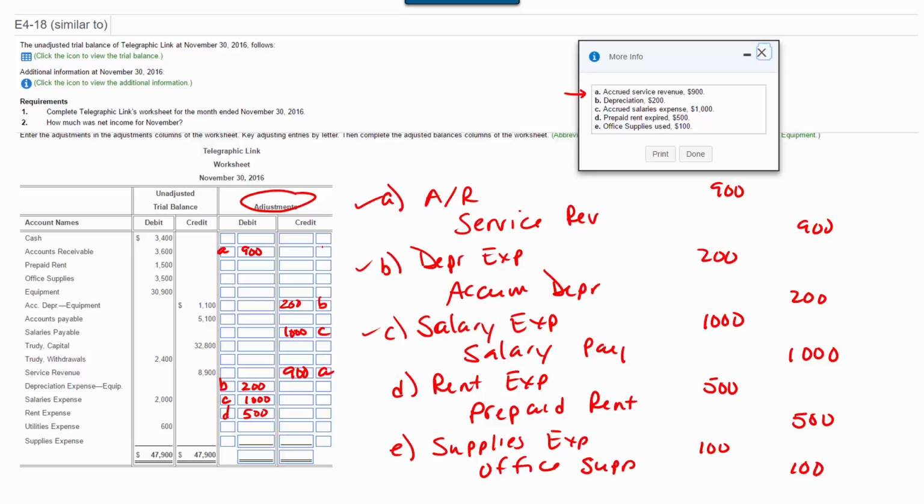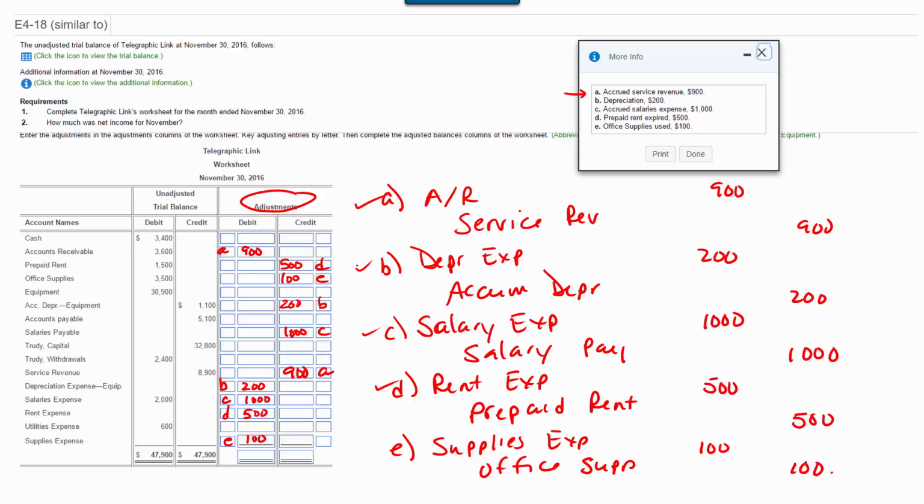Prepaid rent is a credit for $500, and that is transaction D. Transaction E is supplies expense. So that's down here, $100 for transaction E, and office supplies is the credit, so that goes here, $100.